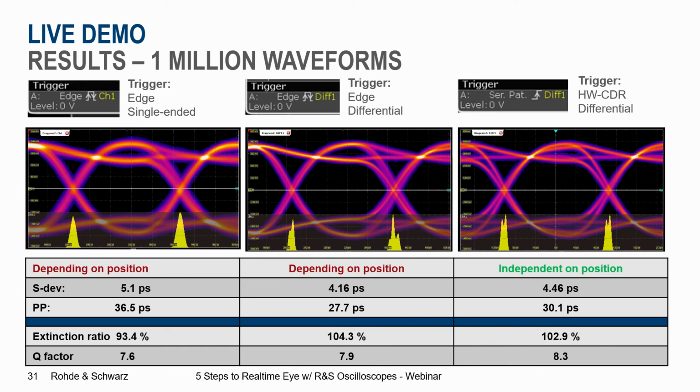And now in the third step, Matthias used the hardware CDR as a trigger reference. And now, very important, the histograms are independent of the edge position. So the histograms here are identical. And then we see the values that can be achieved on every histogram.